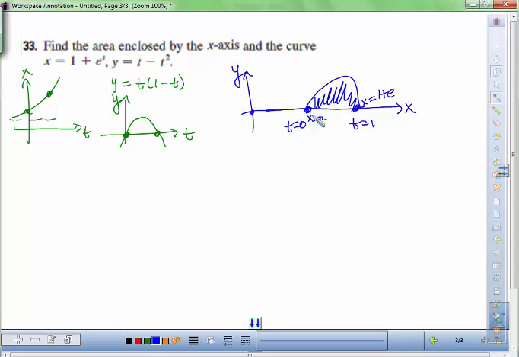That's where the x and y bounds are, but when you're integrating this, you're going to integrate with respect to t. So we're going to focus on integrating with respect to t, which is t equal to 0 and t equal to 1.